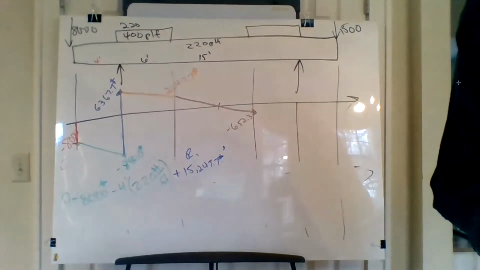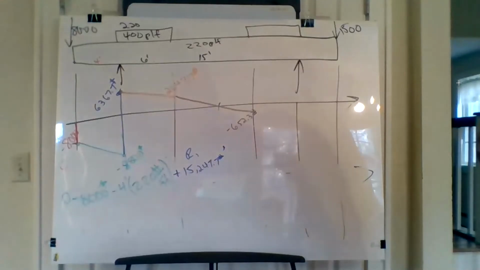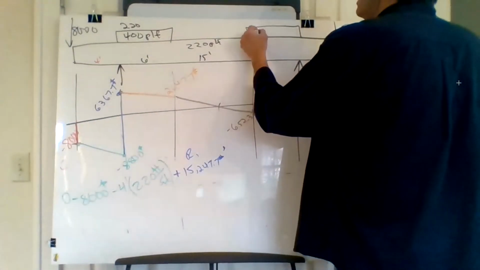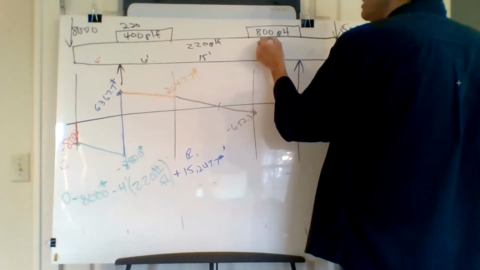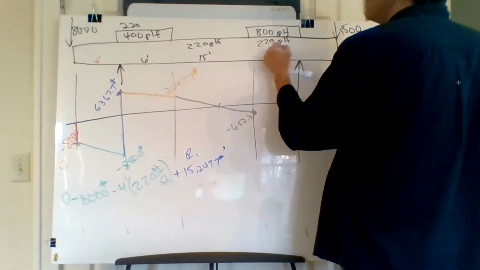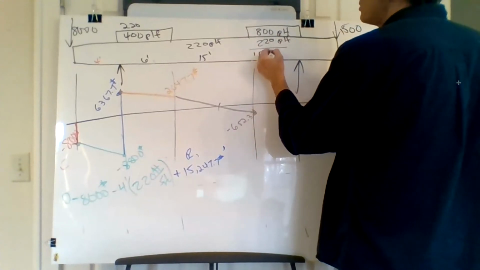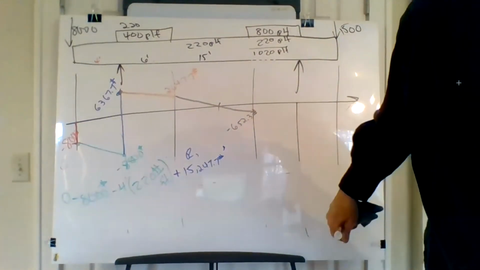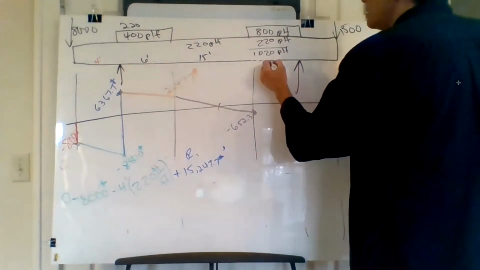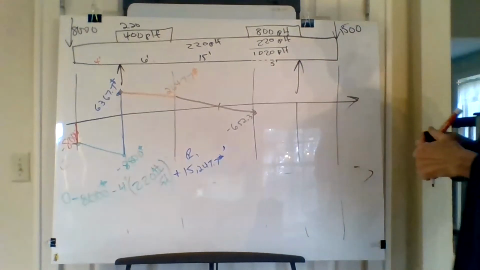Okay. So now this one is 800 PLF. It's 220 beam weight. So that's 1,020 PLF over how much of that? That is a 5-foot section of the span.